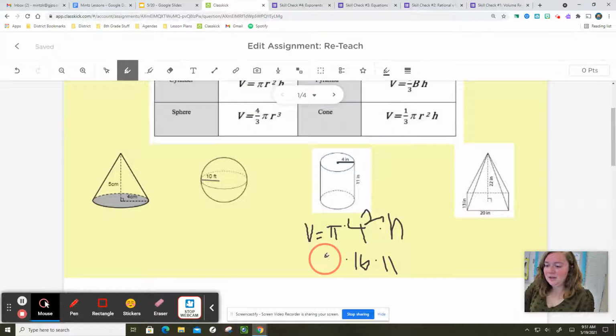And then pi, we're going to plug it in for 3.14. Now if we type that into our handy dandy calculator, we get 3.14 times 16 times 11. That is going to be 552.